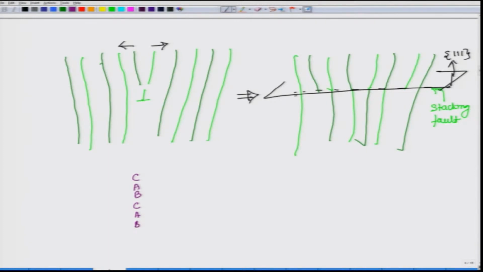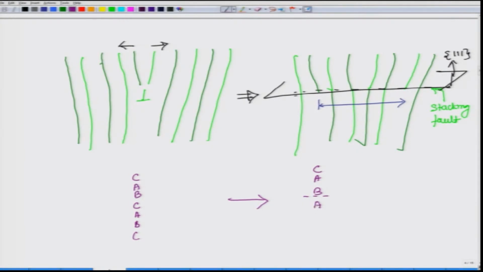So, this is an ABC sequence that should have been there, but now what will happen for the region in between these? We are only talking about the region in between these, because beyond this it is still perfect crystal, but in between this region it is C A B. Now, over here C should have come, but now it will be the A type of plane.